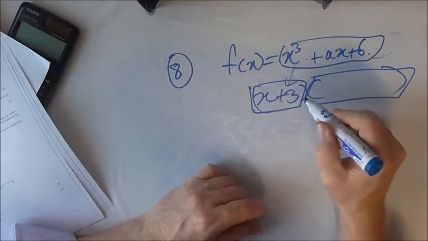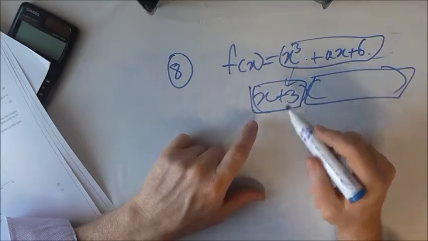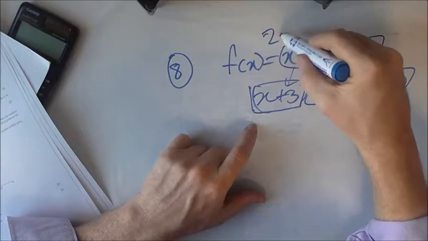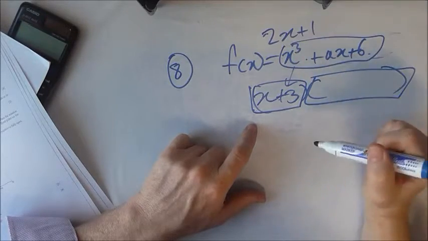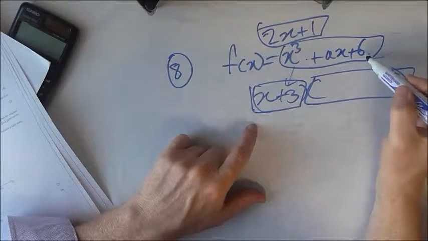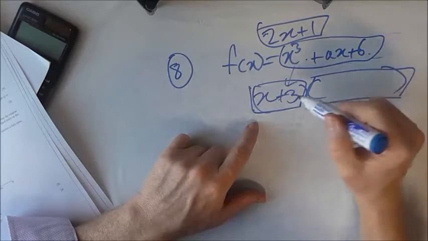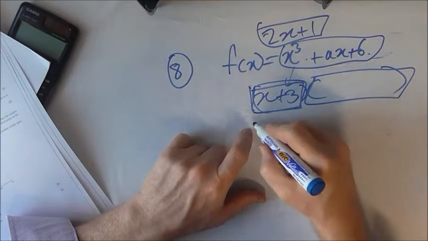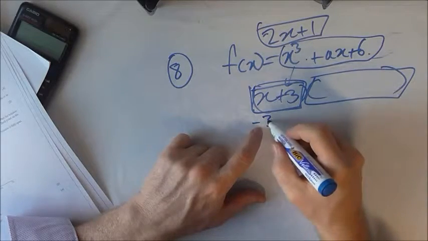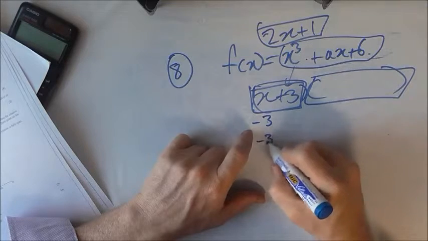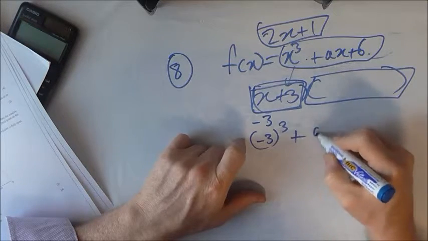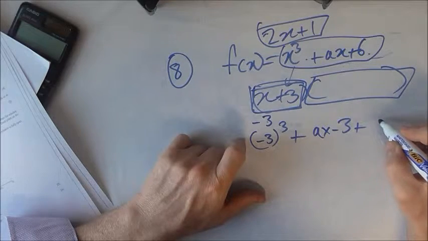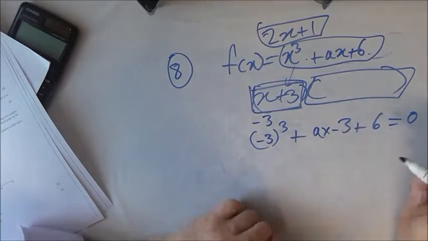Well, there's a shortcut for determining that something is a factor. Like if you want to know if that is a factor of this, you just ask when that's 0 and then substitute it in, hoping that you'll get 0. We've been told that this is a factor, so if I ask when this is 0, in other words -3, then I know in advance that if I write -3 where x is, as I'm doing now, you will get 0, otherwise that wouldn't have been a factor.